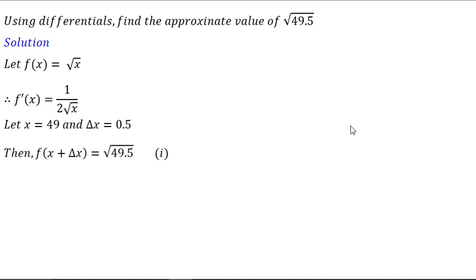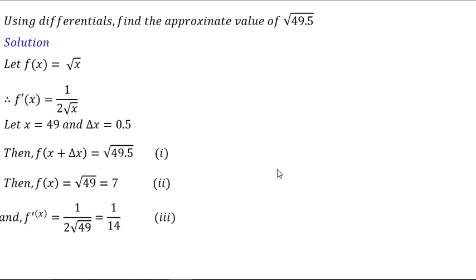Then f of x plus delta x will become f of 49.5, that is square root of 49.5. F of x is square root of 49, which we can get easily, that is 7. F dash x is 1 upon 2 root 49, it is 1 upon 14.